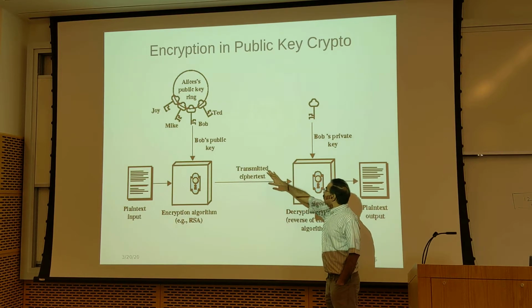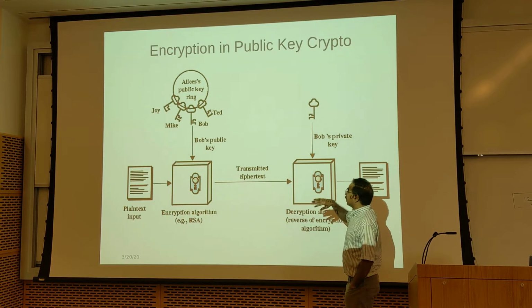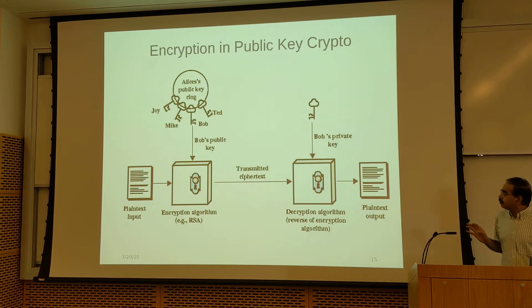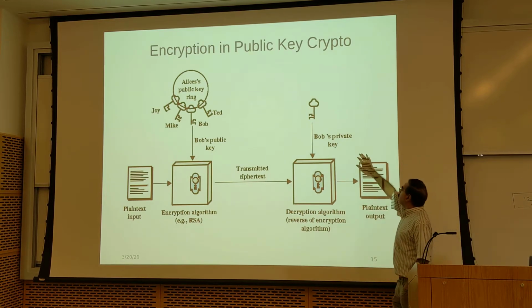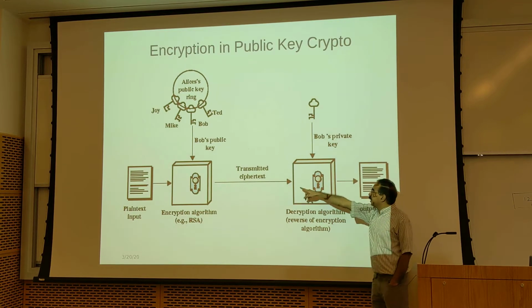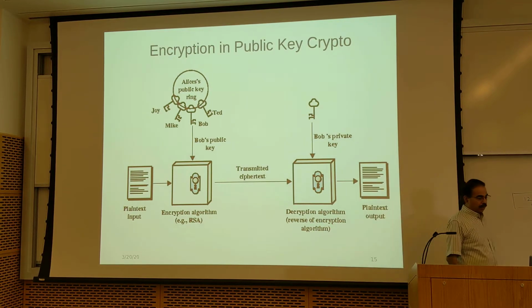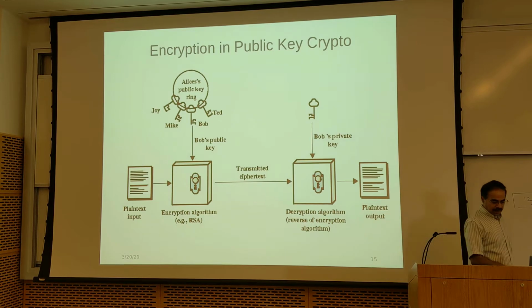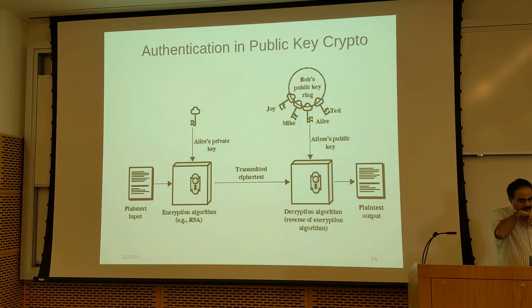The meaning of encrypting using a public key is that it can be only decrypted using Bob's private key. And because only Bob has his private key, only Bob will be able to decrypt and see what is in the message. Okay, so that's how public key cryptography works.